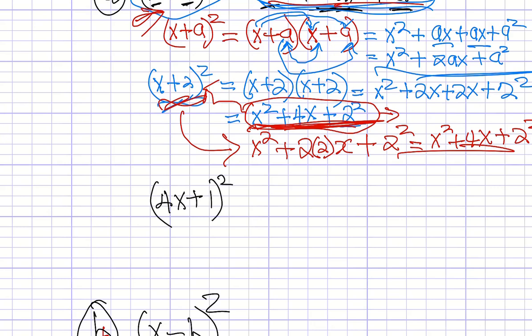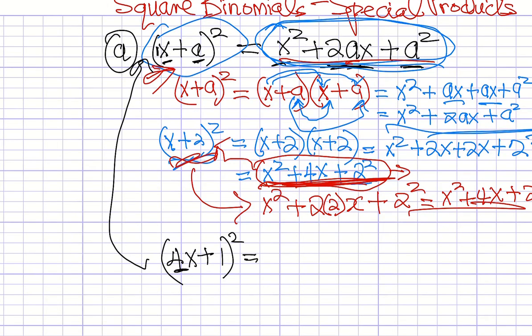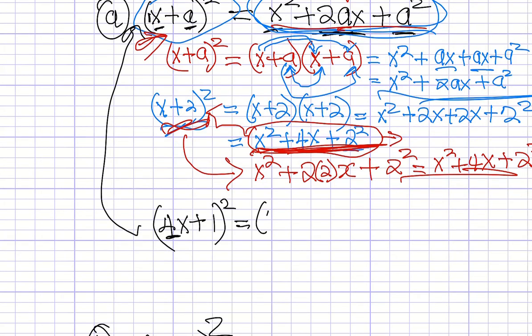If we compare that to that, notice that there's a 1 here, but we usually don't write it like this. Here there is 4 instead of 1. So you can multiply out the same way we normally do. You can say 4x plus 1 times 4x plus 1, like that.